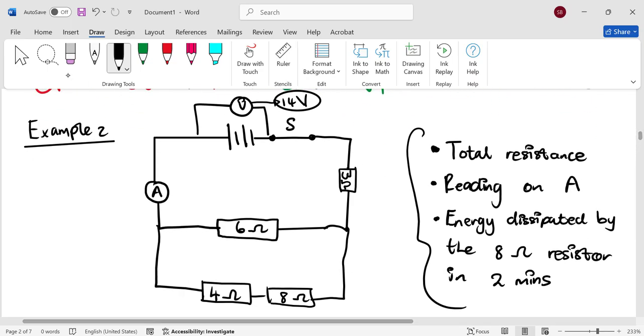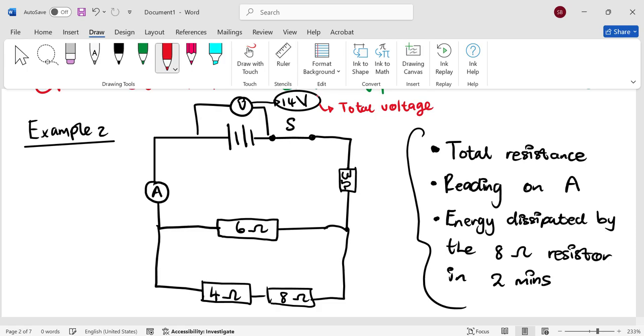So now what do we notice? Remember, V is the voltage across the battery. Does that actually mean it's the total voltage? Yes. So this will basically read the total voltage. So I am analyzing my diagram, right? So it's the total voltage across the entire circuit. Aha, there you go.